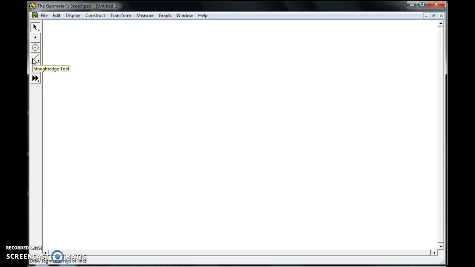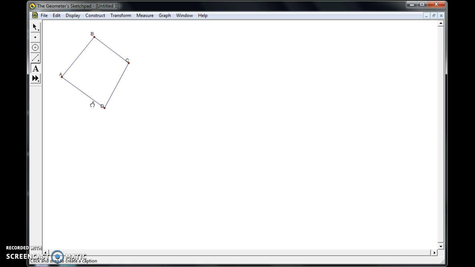Step 2 has us going to construct a convex quadrilateral. Remember, quadrilateral is 4 sides. So I am going to construct a 4-sided polygon here. And then I am going to label all the vertices. So A, B, C, and D. And what this computer program allows me to do is to go ahead and calculate the measurements of the angles.